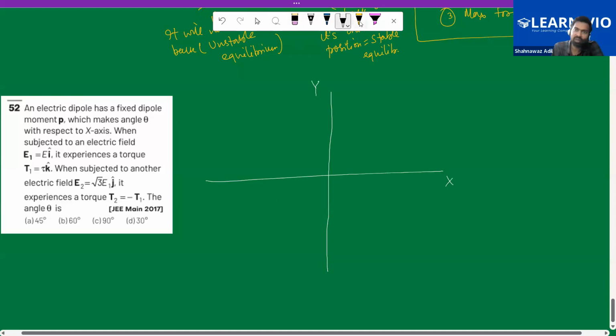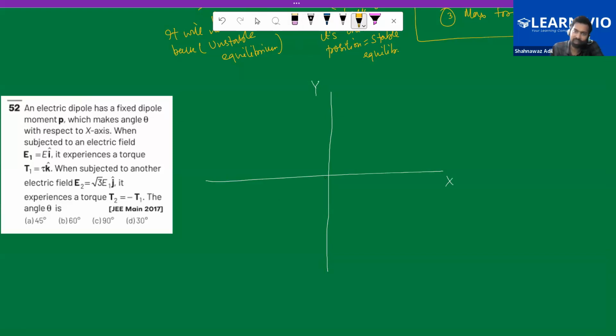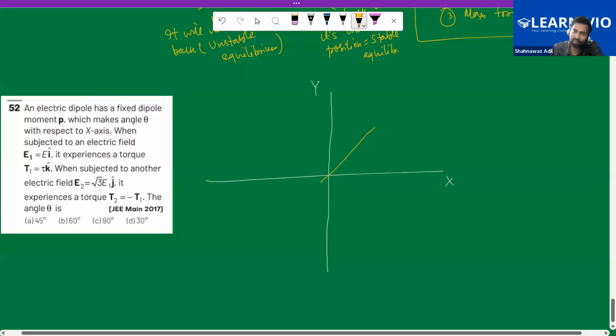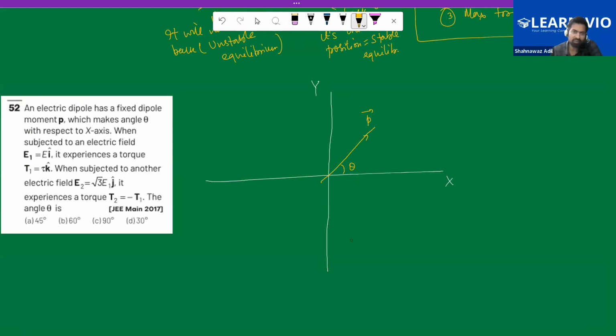Now we have an electric dipole, let's say this one, and this is making an angle theta with the x-axis. Now we have two cases. In one case, it is subjected to an electric field E1. What is the direction of this electric field E1? Can you tell me?